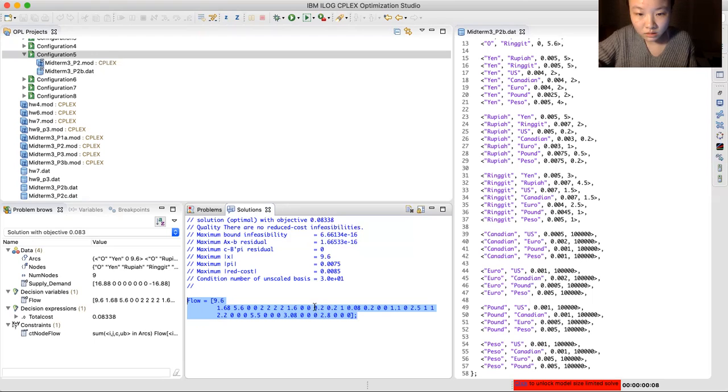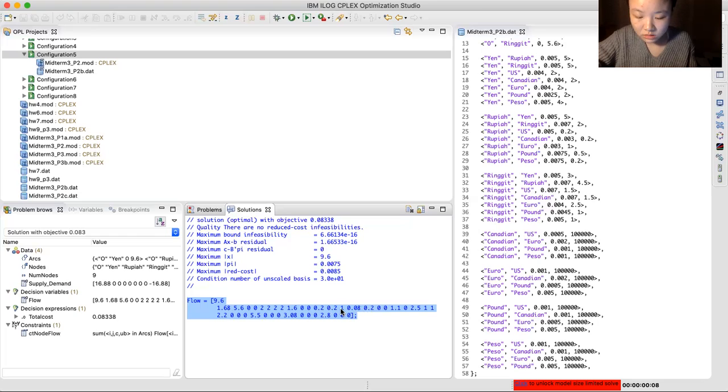And this is 0.2 from rupees to US, Canadian, and peso.